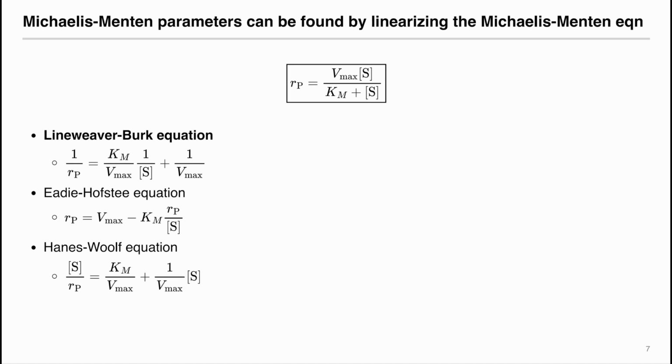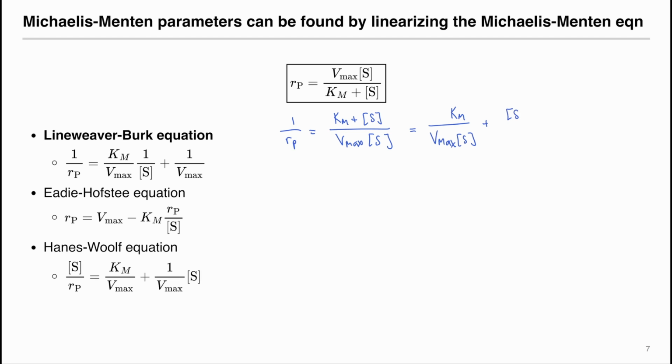We can linearize the Michaelis-Menten equation by doing a clever rearrangement. The most commonly used one is called the Lineweaver-Burk equation. From the Michaelis-Menten equation, we first take the inverse of both sides. So we have 1 over R of P is equal to Km plus S divided by Vmax times S. Note that we have a common denominator on the right side, so we can write it out in terms of 2 terms.